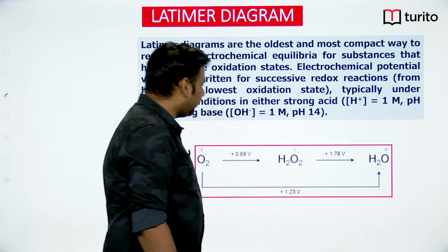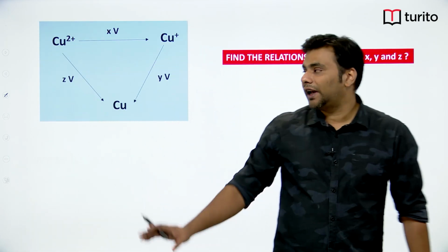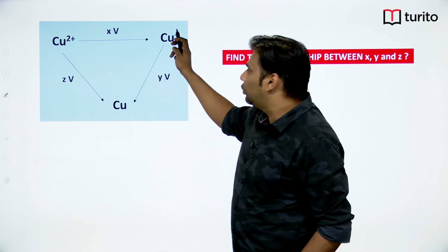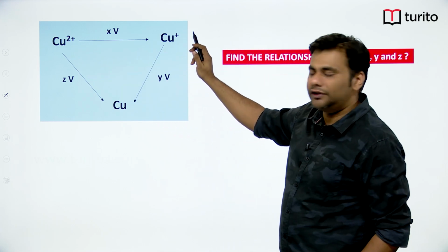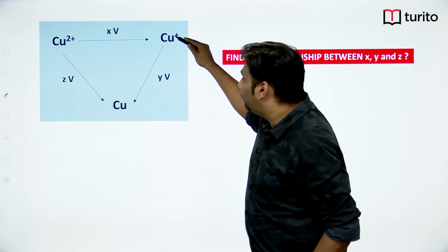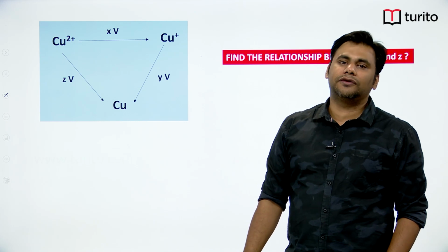Let us take an example to understand. Suppose again this is a Latimer diagram. It shows that copper 2 plus is getting reduced into copper plus, and its standard reduction potential is X volt. Now when copper plus gets reduced into copper, its standard reduction potential is Y volt.